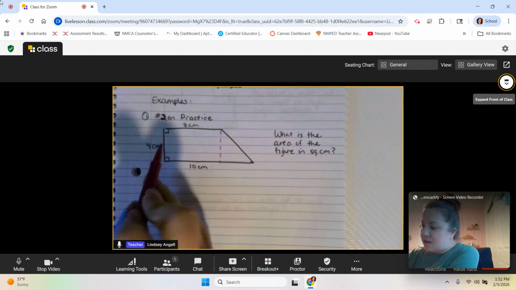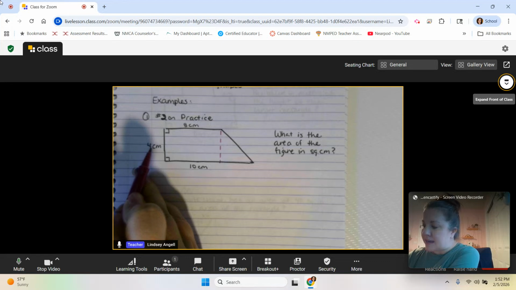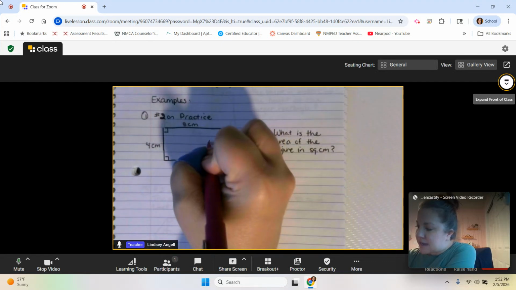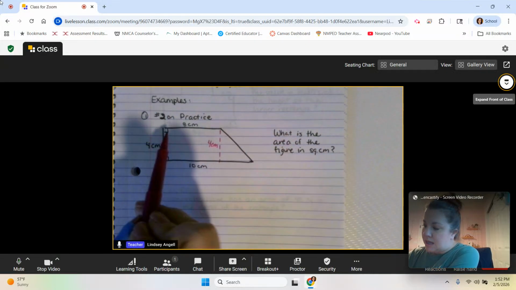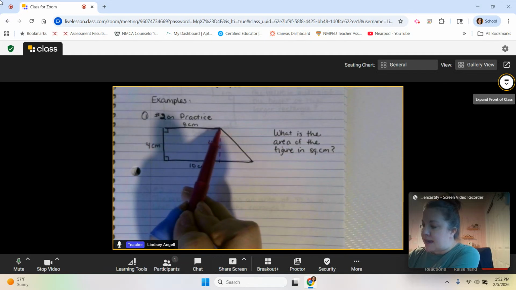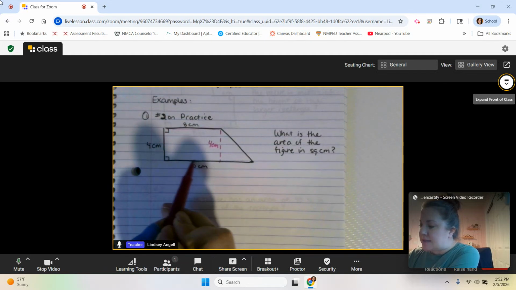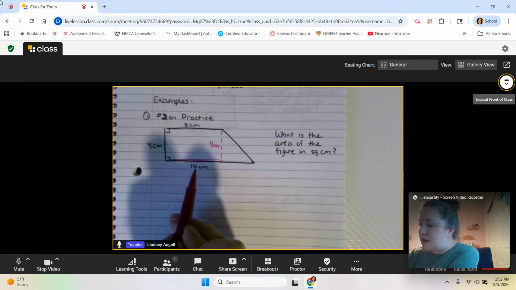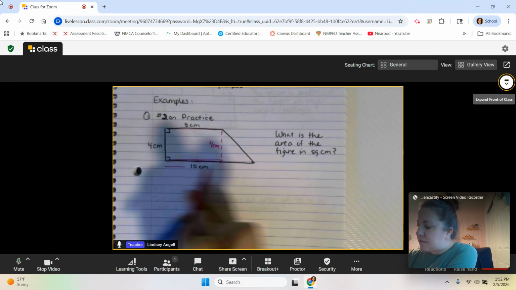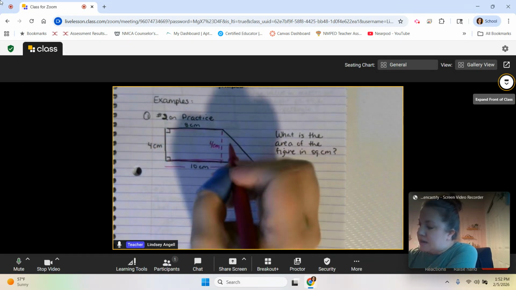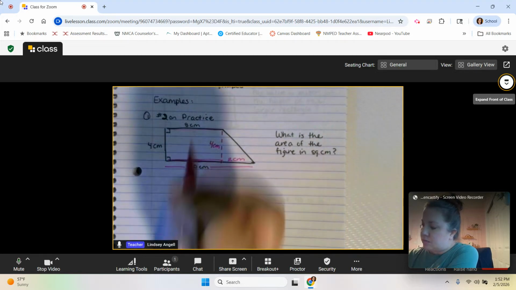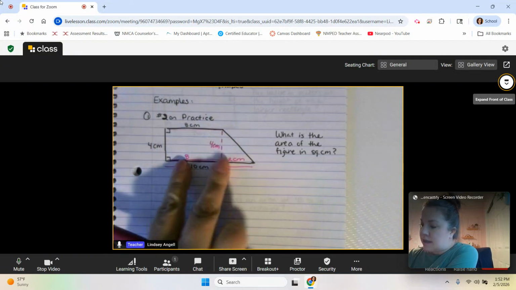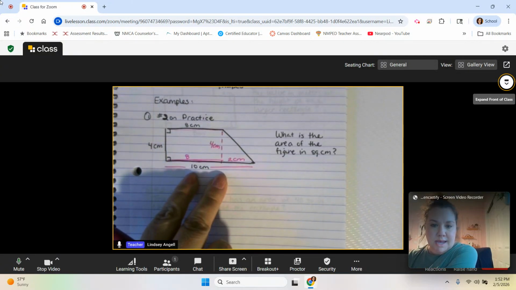From that, if this is a rectangle and this side is 4 centimeters, that means this side of the triangle is also 4 centimeters. And if the side of the rectangle is 8, that means this is 8, but this whole thing from here to here is 10. So that means the base of my triangle is 2, right? Because this is 8, and 8 plus 2 equals 10.